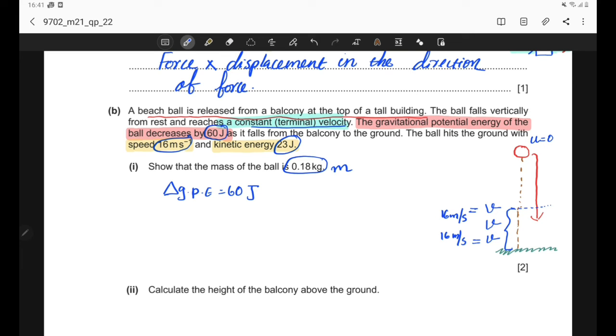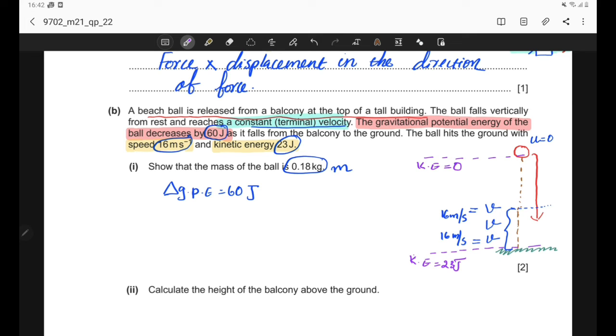And when it touches the ground, its kinetic energy is also given. Kinetic energy is 23 joule, and we know that at the top, as the ball was at rest, its kinetic energy is 0.